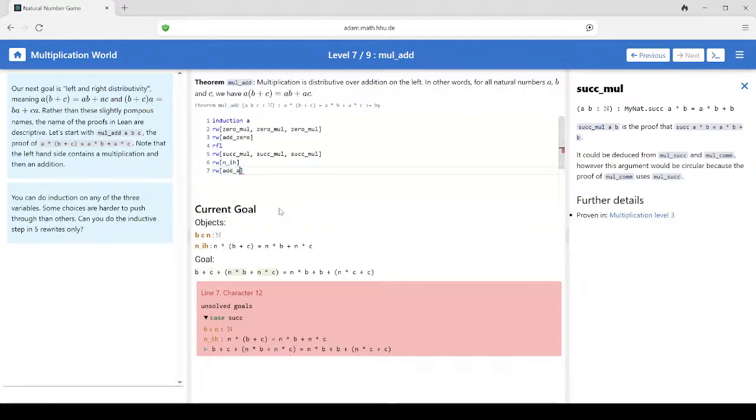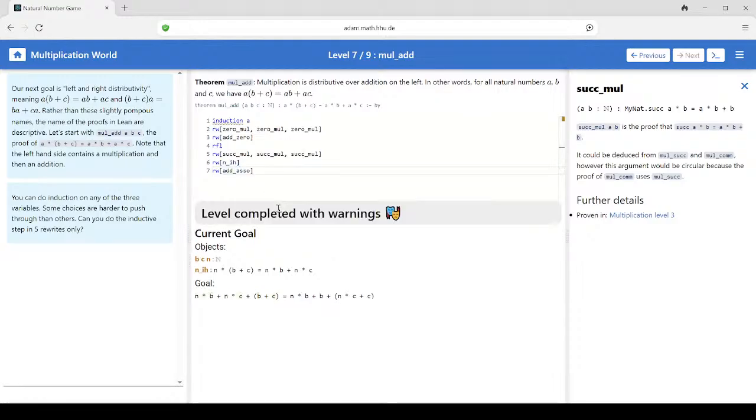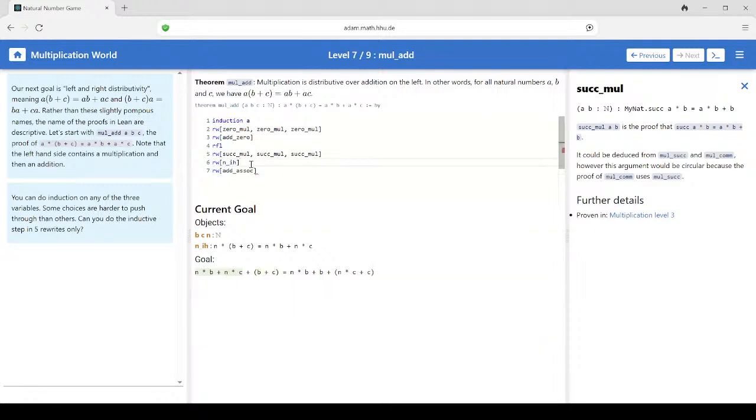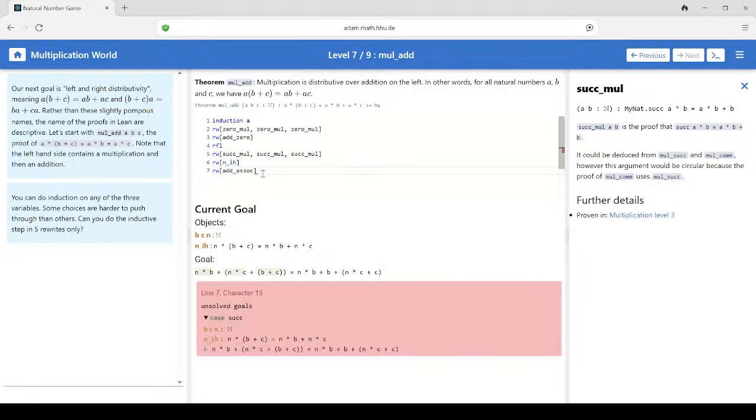What if I try? That just added a parentheses. No, I'm pretty stuck on this one.